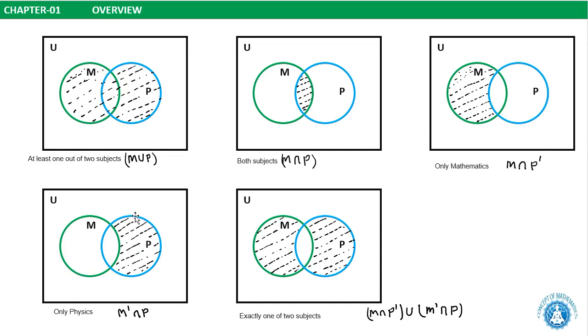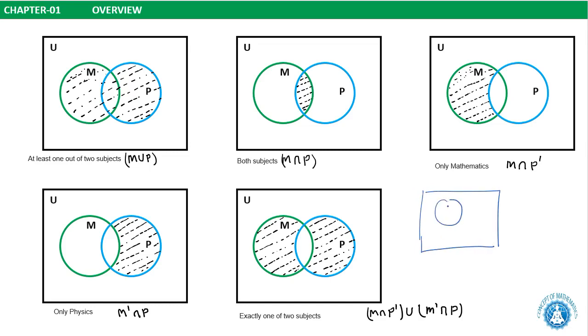Now only physics will be represented by this diagram, that is M complement intersection P. Let us see what the complement is.